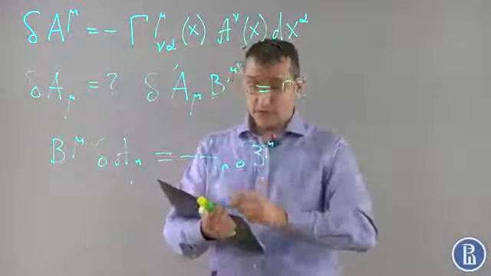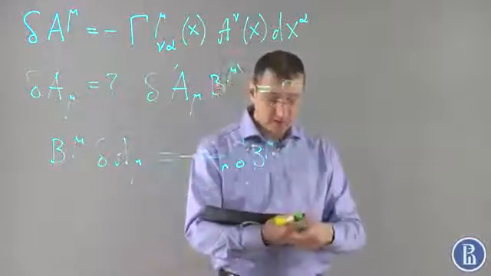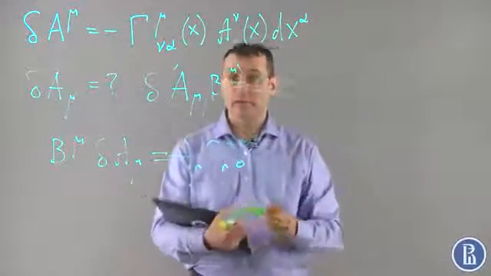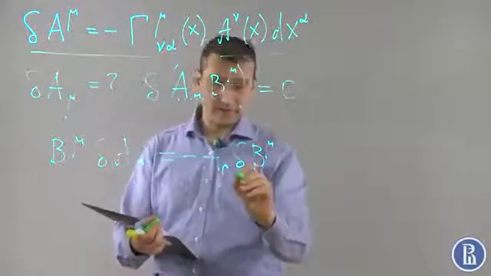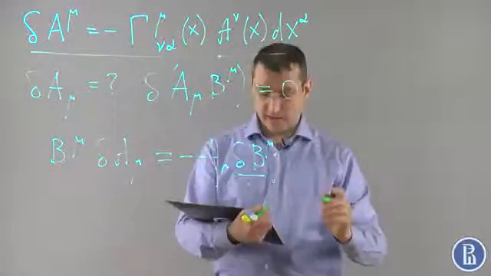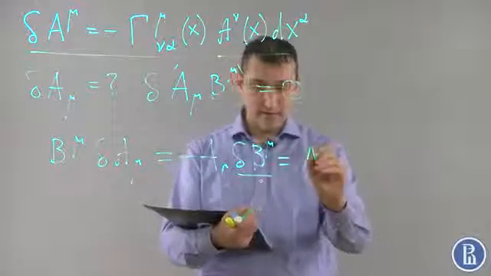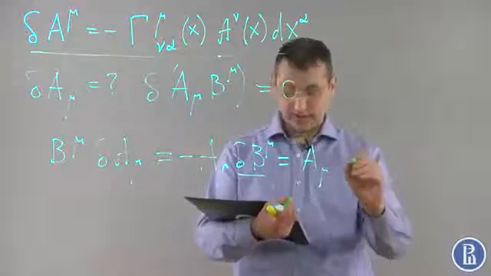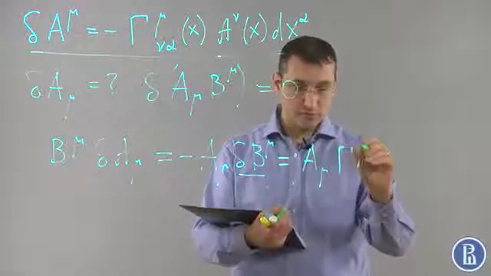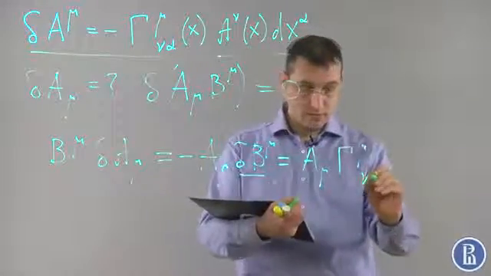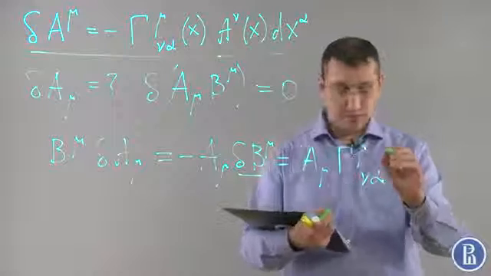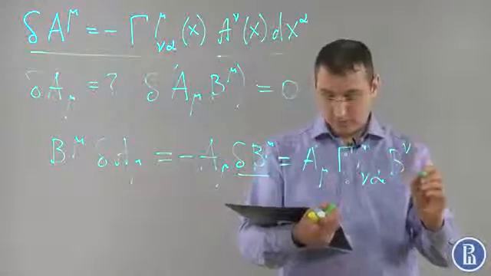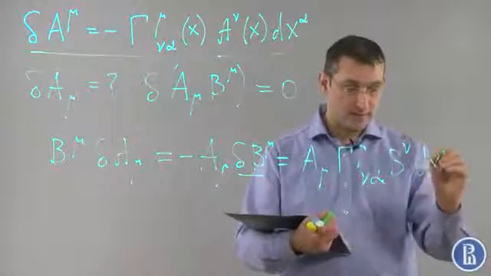Now, here we can use this rule for this vector. As a result, we obtain that this is A^μ times Γ^μ_ν B_ν dx^α.